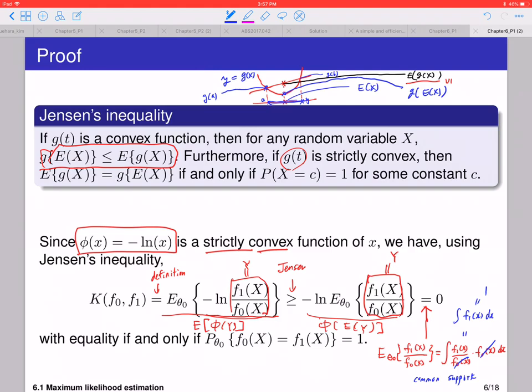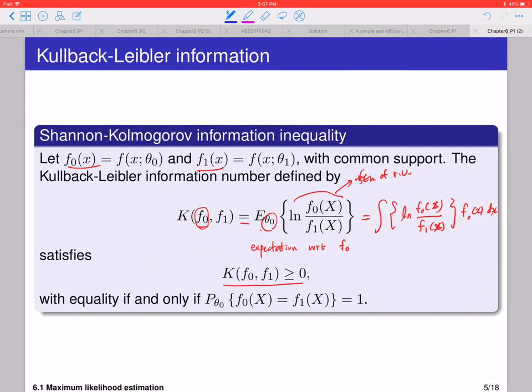Equality holds if and only if the random variable y is the constant 1, and this constant should be 1 because both are density functions. So that proves the Shannon-Kolmogorov information inequality.